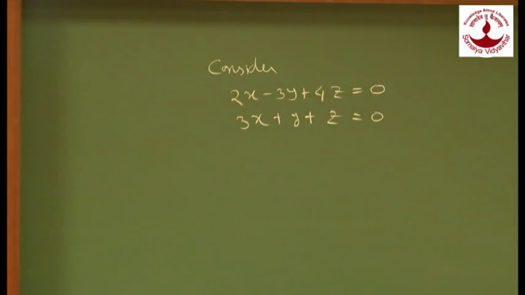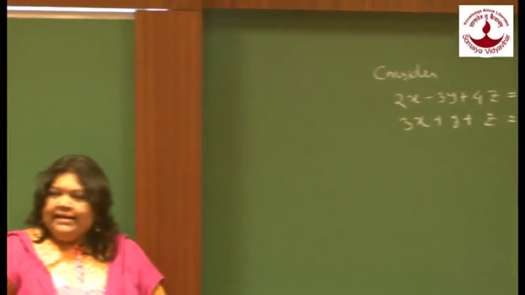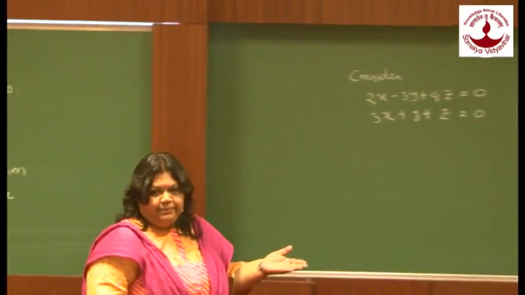Here there are 3 variables. We will eliminate one of them. Any one of them we can eliminate so that only 2 variables remain, and then we can easily solve.